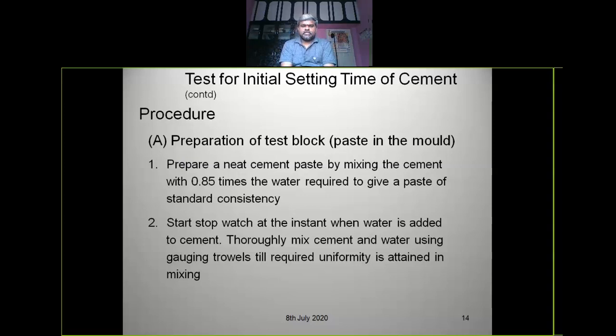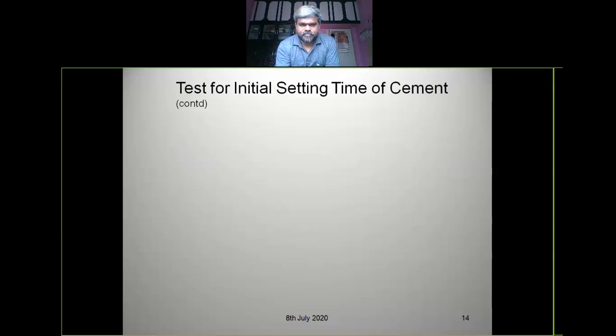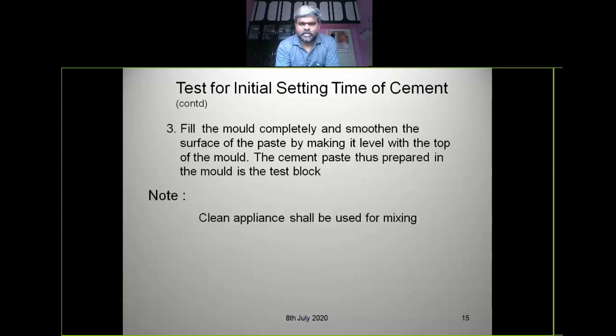Start the stopwatch at the instant when water is added to the cement. Mix the cement and water using gauging trowels till the required uniformity is attained in mixing. Fill the mold completely and smoothen the surface of the paste by making it level with the top of the mold.